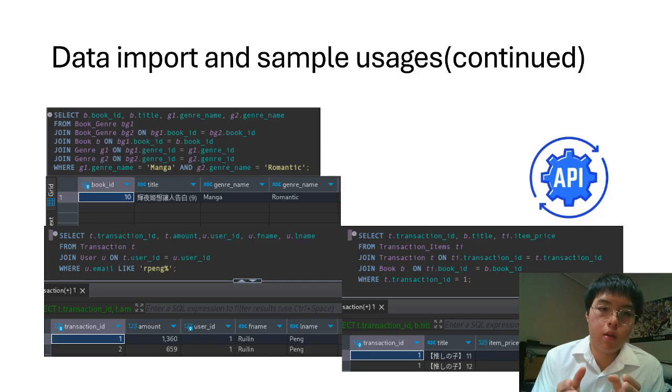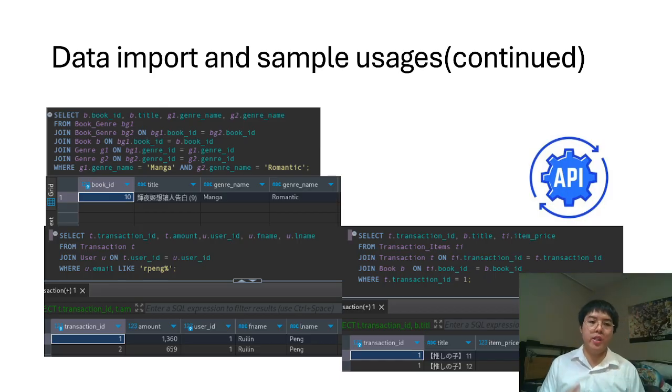As for the ternary relationship, the transaction, which has a relationship with both the user and the book, sometimes you need to do the query more than once. First getting all the orders for a specific user, and then, when you're trying to see the detail of a specific order, using the order ID to do the next filter to see all the books involved.